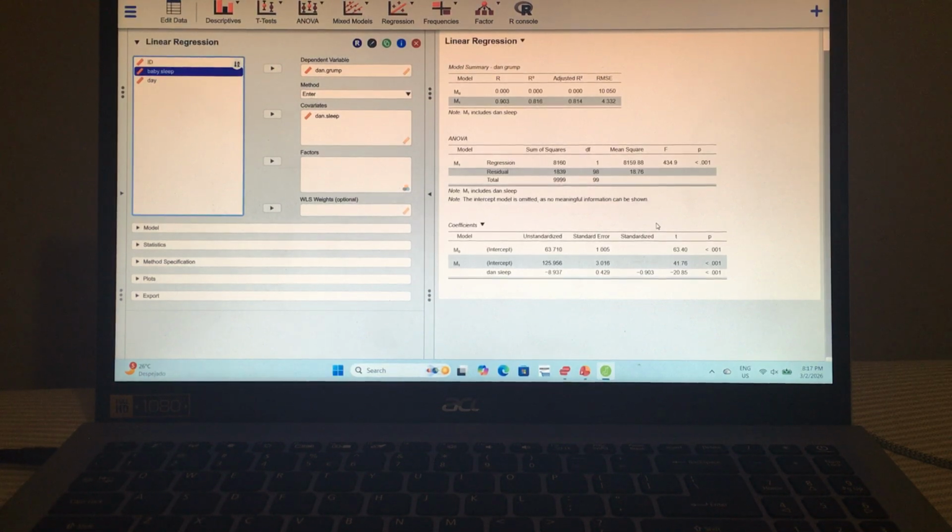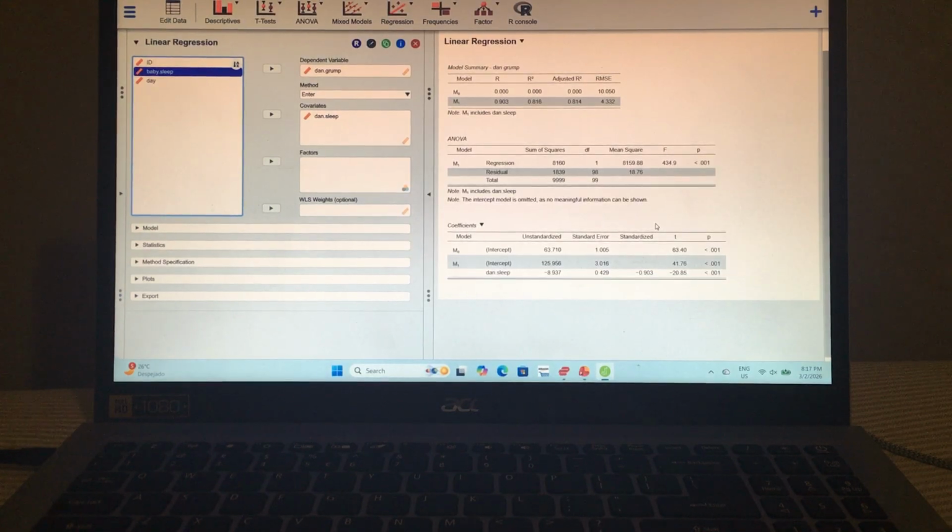Then we move to page 8. So note that it's common to report the coefficient of determination with the model. This is used as a measure of effect size. We could also choose to report the statistical significance of this model in terms of the slope for the independent variable.